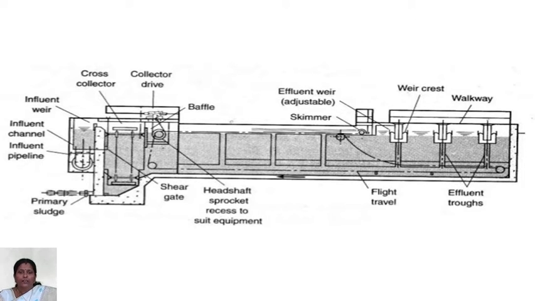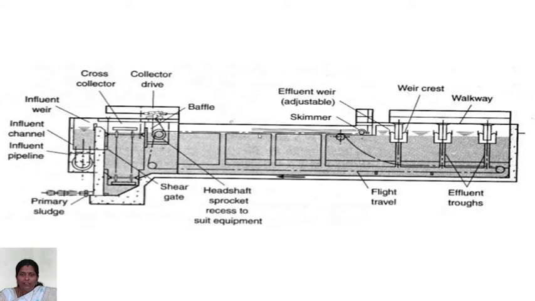In the horizontal type settling tank, the starting portion is called the inlet chamber. The wastewater after treatment in the grit chamber or skimming tank is collected in the inlet chamber. From the inlet chamber, the influent is passed on to the rectangular sedimentation tank, where it is kept for some time.